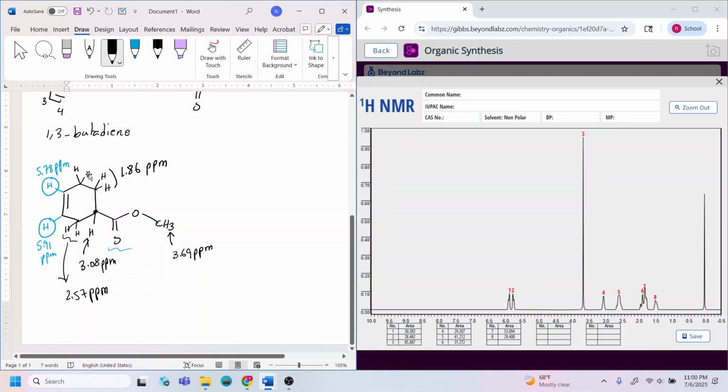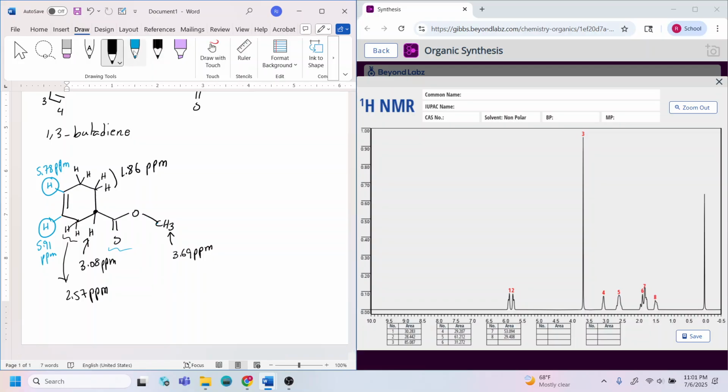So this hydrogen will be split by these two into a quartet, and this hydrogen is going to be split by those two into a quartet as well. We're going to choose the one that is closest to the double bond or to the carbonyl to be further downfield.